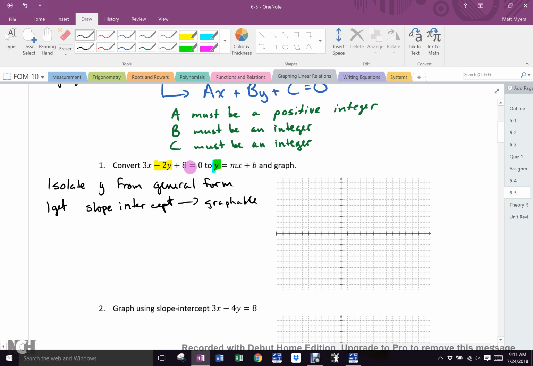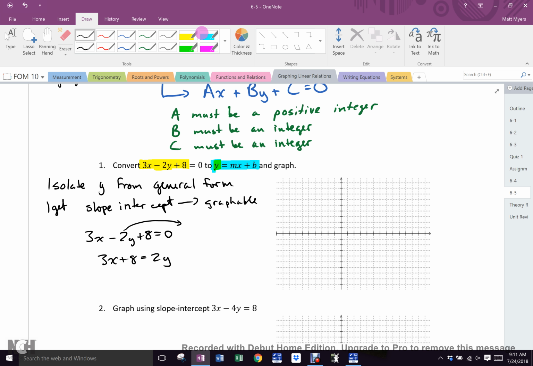So what am I going to do to make this yellow one look like the blue one? What's got to move? I would move the negative 2y. Because if I move that, then that takes care of the negative, doesn't it? So I'm going to have 3x plus 8 equals 2y.